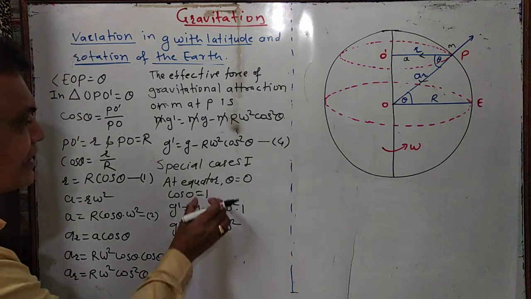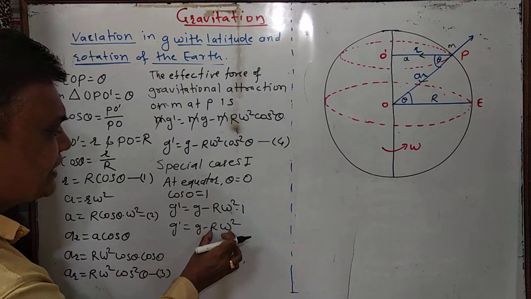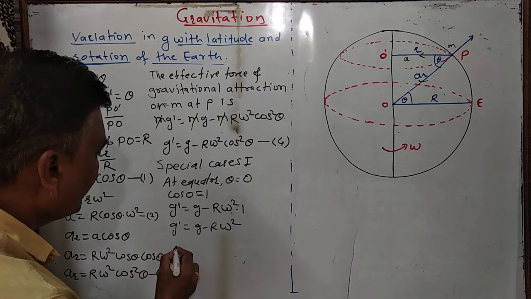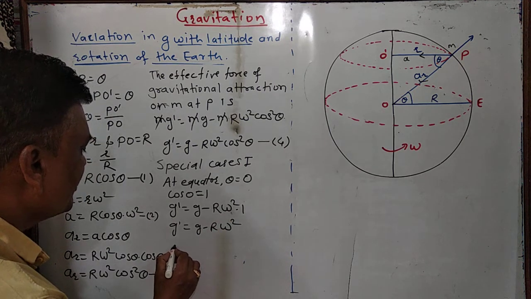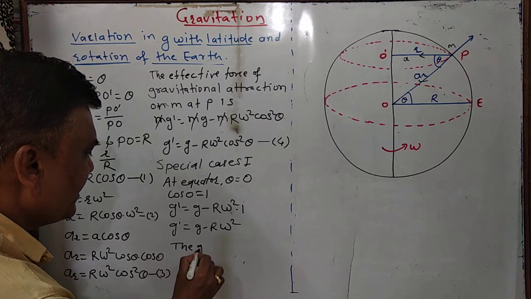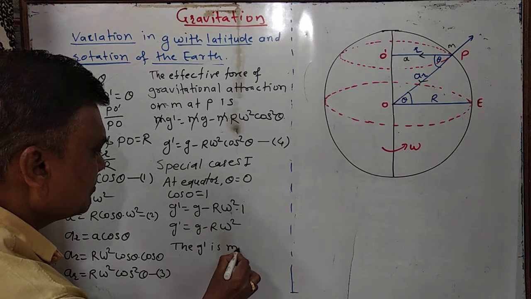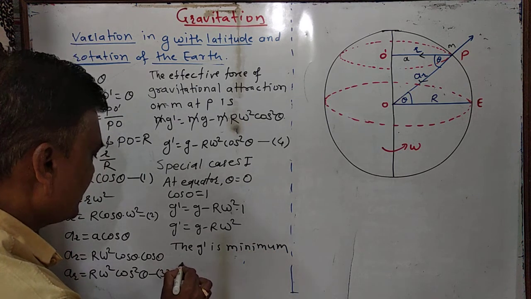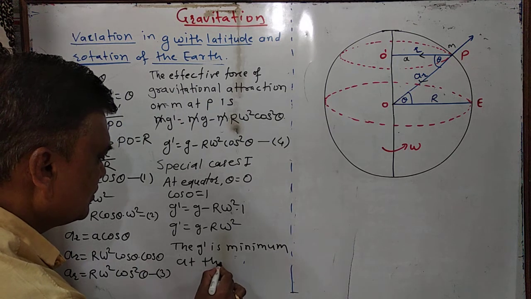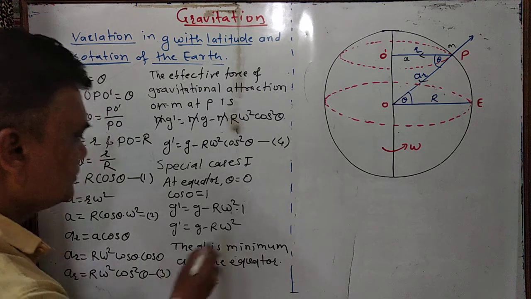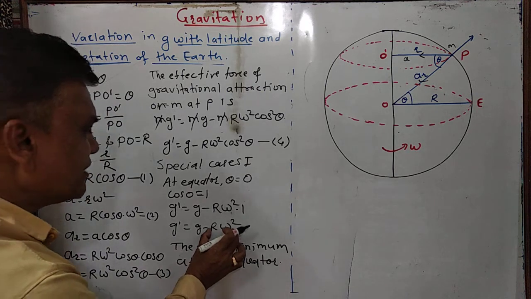It means that at the equator, g is reduced by this factor R omega square, and therefore g dash is minimum at the equator.